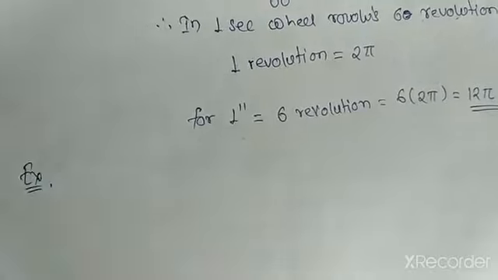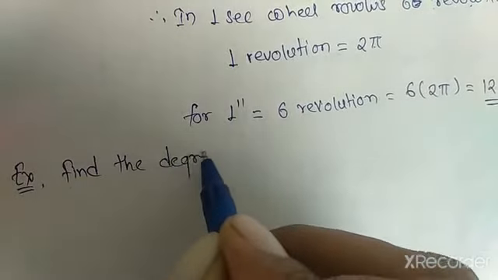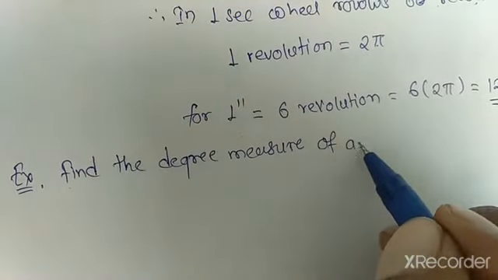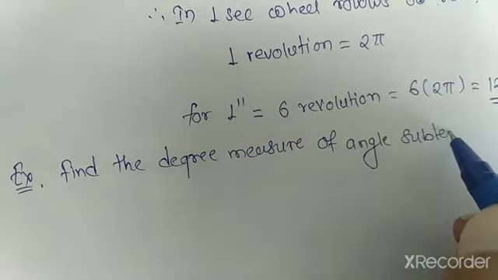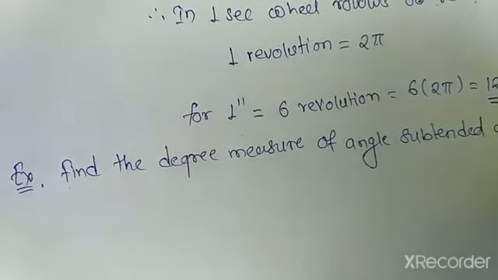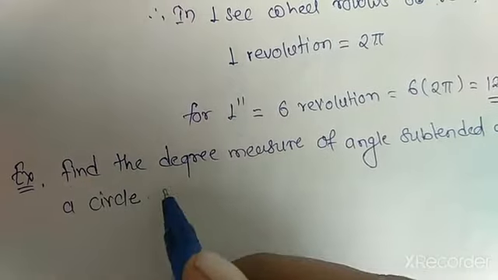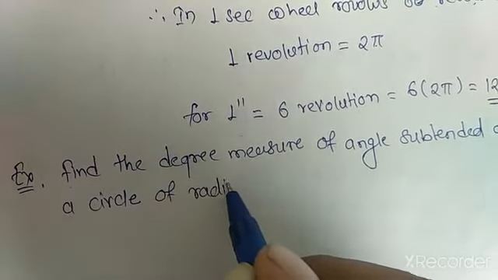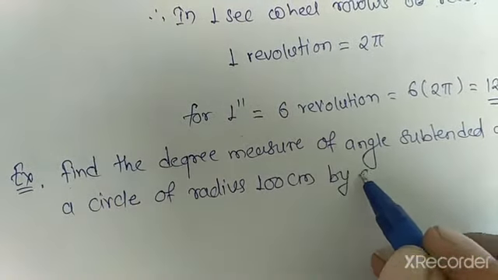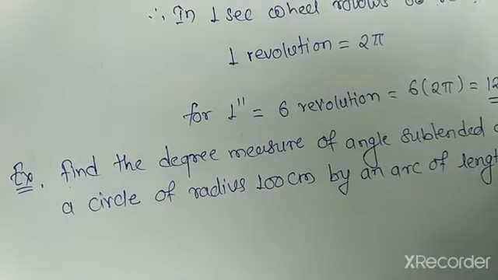now consider next example. Find the degree measure of angle subtended at the center of a circle of radius 100 centimeter by an arc of length 22 centimeter.